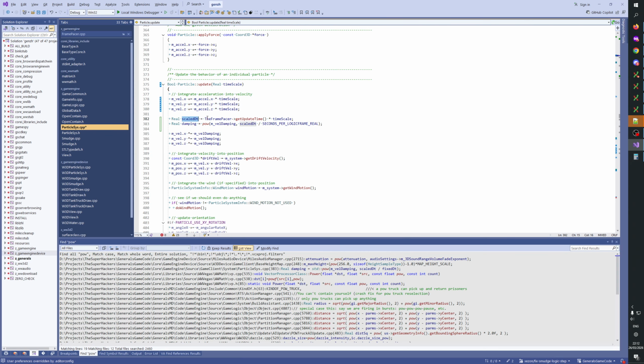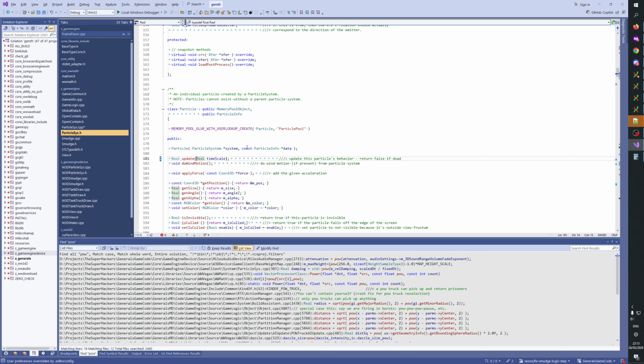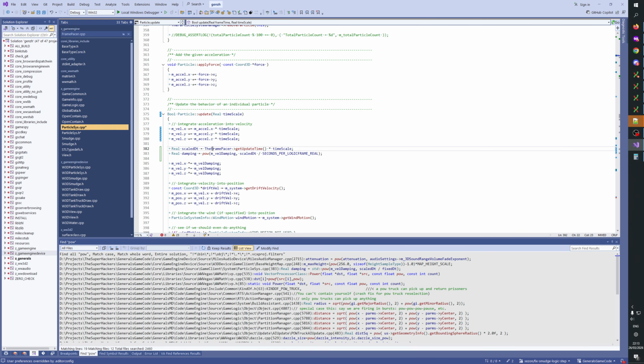So scale dt, frame pace, time scale. Let's add another argument here, real frame time. How about we call it render time?